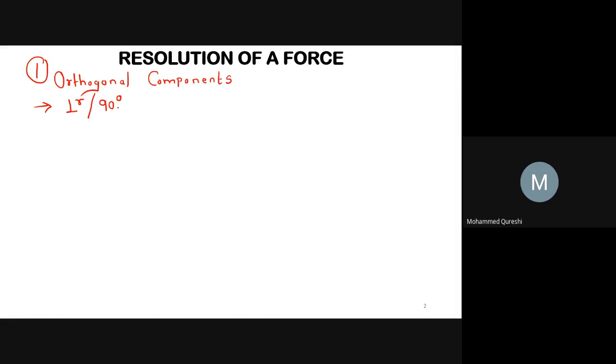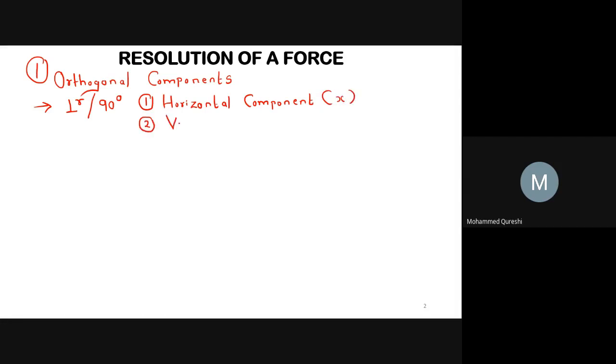Generally, a given force is split up into two mutually perpendicular components. First is the horizontal component, that is nothing but your x component. Horizontal component will take place in the x direction.